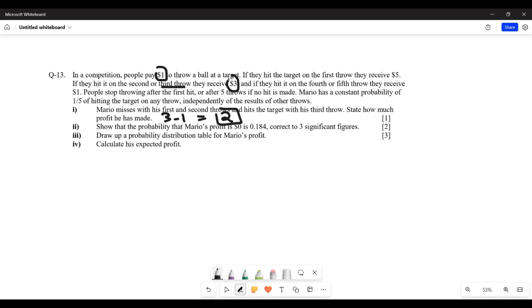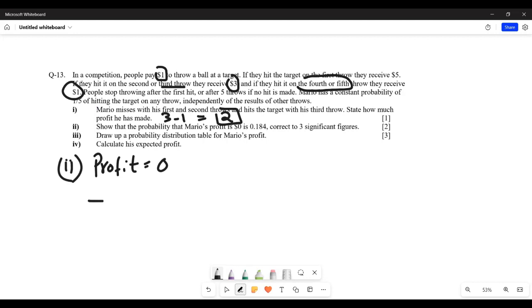Show that the probability that Mario profits $0 is 0.184. So when is the profit 0? That is when he gets the $1 back. He paid $1, and if he hits the target at the fourth throw or the fifth throw, he gets $1 back.